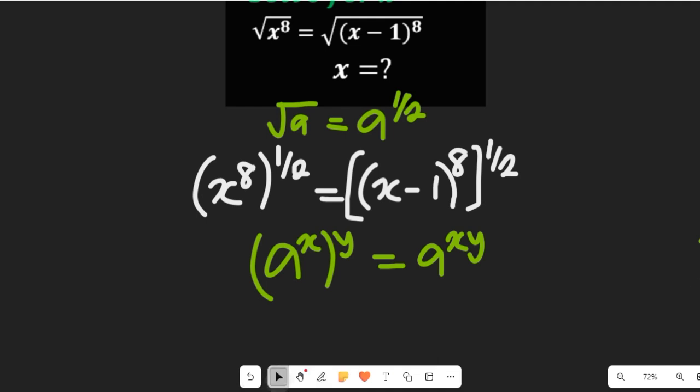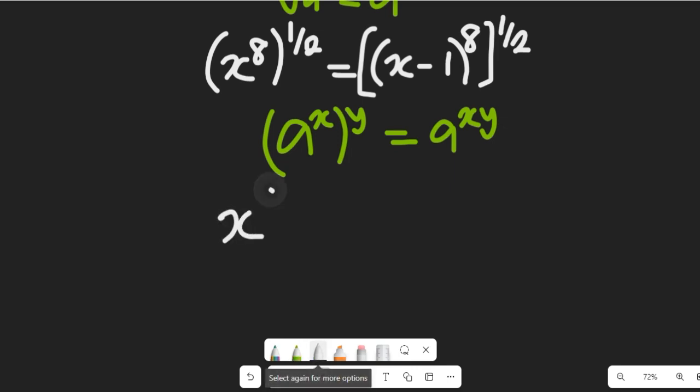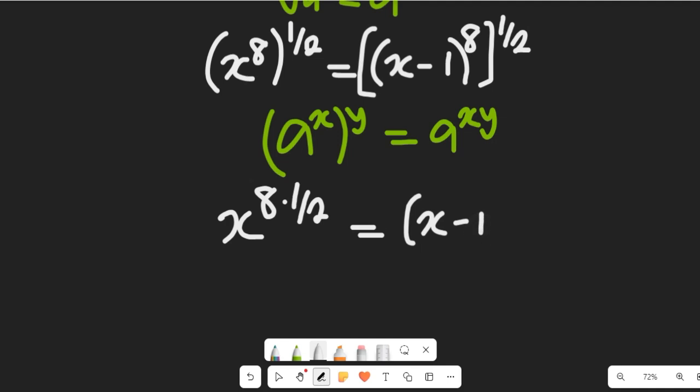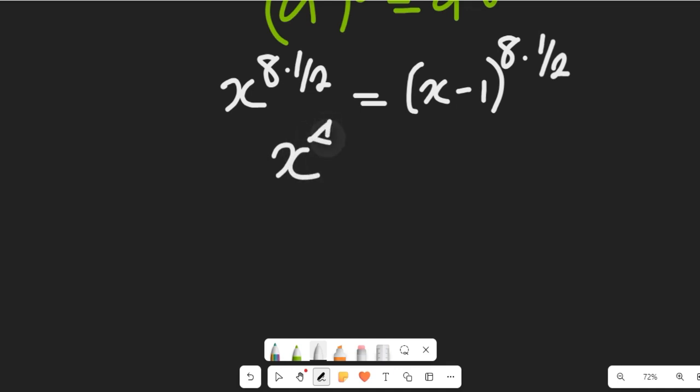So with that, if I simplify this, I'll have x to the power of 8 multiplied by 1 divided by 2, equal to (x minus 1) to the power of 8 multiplied by 1 divided by 2. So I will simplify the exponents. This now gives me x to the power of 4 equal to (x minus 1) to the power of 4.